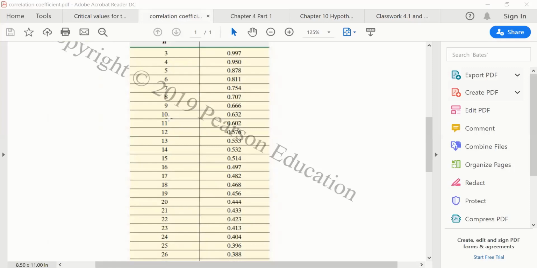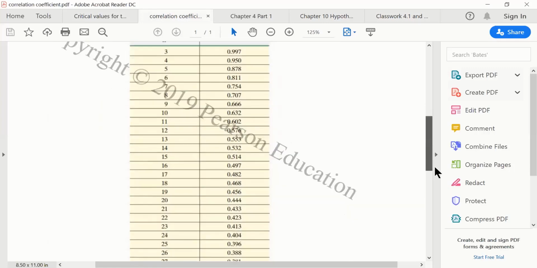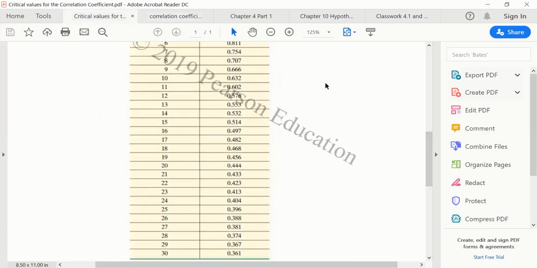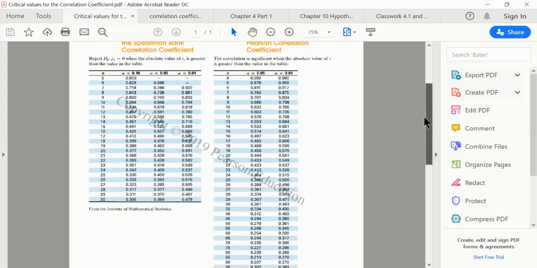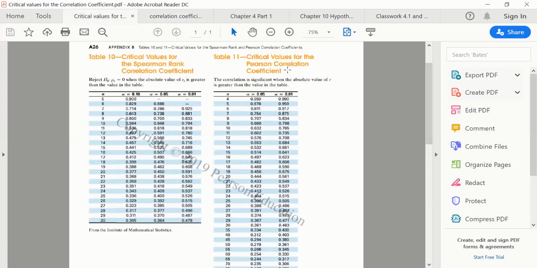But we need to know our sample size. Oh, this is not a good one. I don't like this one. I like this one better. So the one on the right is the critical values for the Pearson correlation coefficient. So alpha is 0.05, and we have 0.9686, which is so high, it's off the chart anyway. But just to do it correctly, I need to know how big my sample size is. So I'm going to go back to my data.